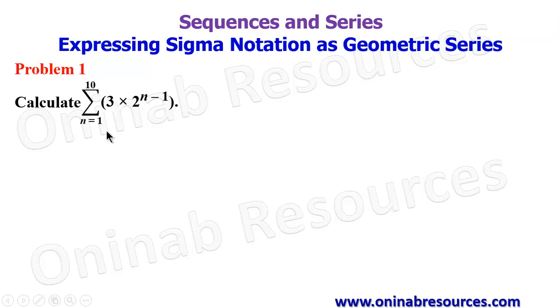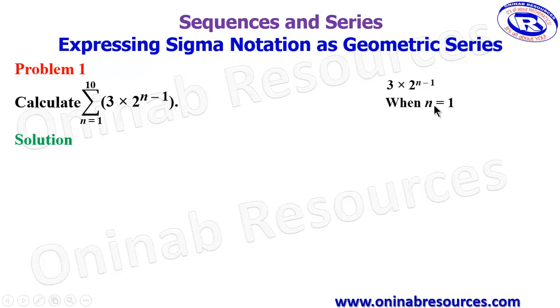So in our solution to this problem, we take 3 times 2 raised to power n minus 1, and when n is equal to 1, we have 3 times 2 raised to power 1 minus 1. This is 3 times 2 raised to power 0, and 2 raised to power 0 is 1, multiplied by 3 gives 3. So the first term of the series is 3.